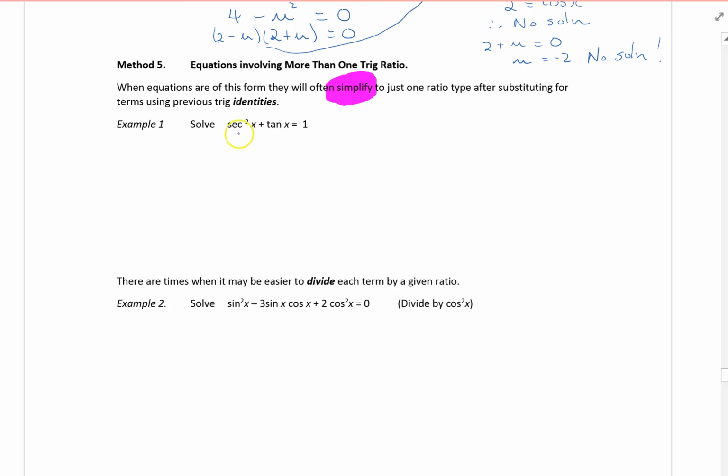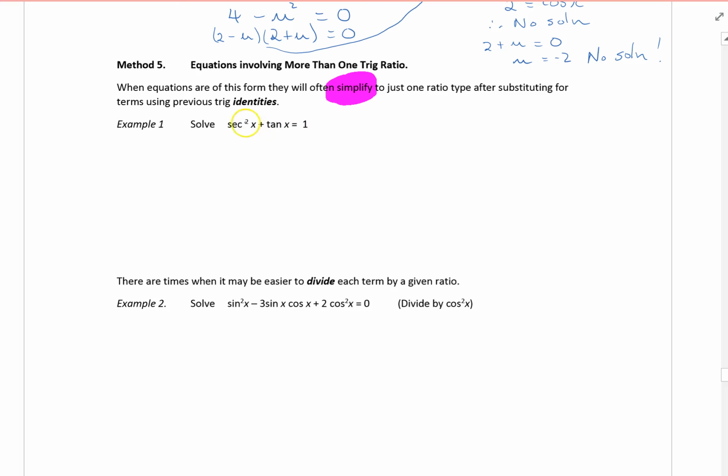Going back to sec squared, well, with sec squared we've got some options about how it can be rewritten, and one option is to put it as 1 over cos squared. But really, knowing we've got a tan, it may not be the best thing to do, because then we've got a 1 on the other side as well.